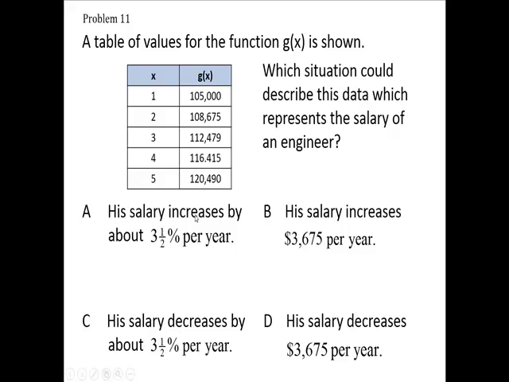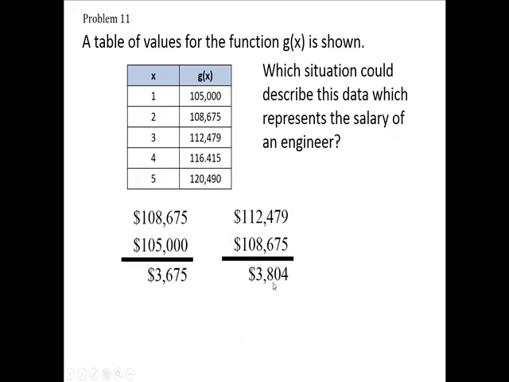But does it increase 3.5%? That's a question. So we have to kind of prove that. Let's just prove it for 1 year. We know it's not B, C, or D, but is it true it goes up 3.5%? And we'll just do one of these for the sake of time.